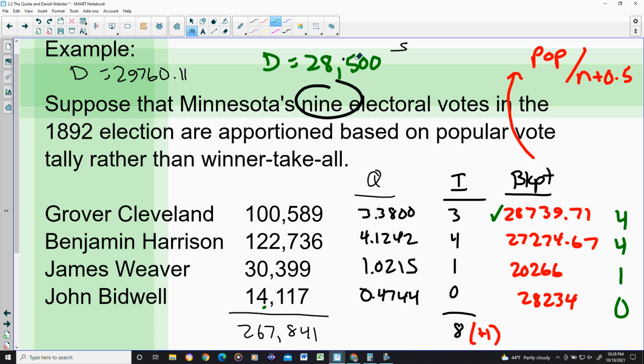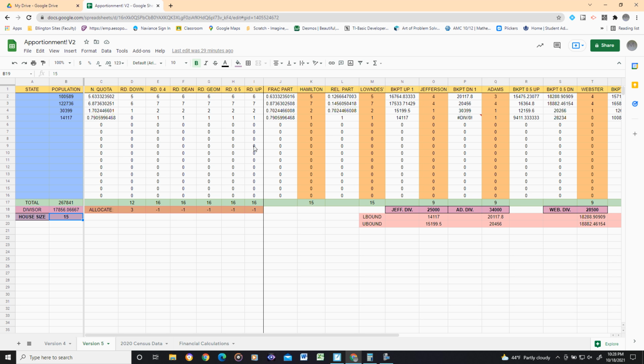Now you might be curious as to what the Jefferson divisor would be for this one. Let's see, I have that value right here for you. Jefferson divisor, 25,000 is what this one would be good for. You want to change this to a 9? Yeah, it would be exactly 25,000.